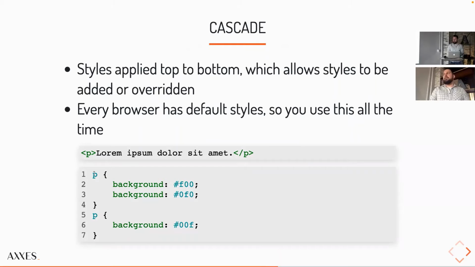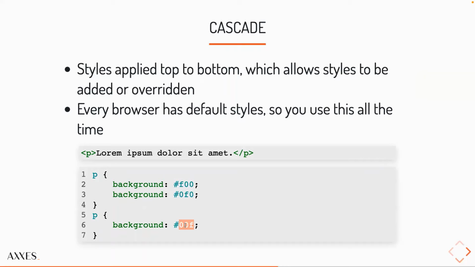So if I set a p tag with the background red, and if I set a background a line below, it will set the p tag to green. And if later somewhere below I set another background on the p tag, it will be set to blue, RGB.